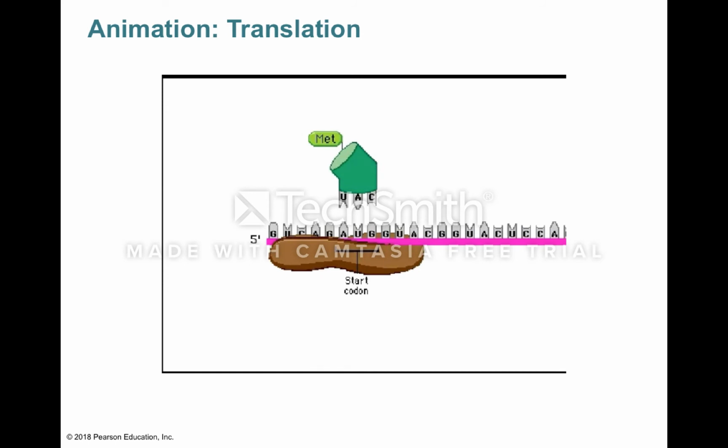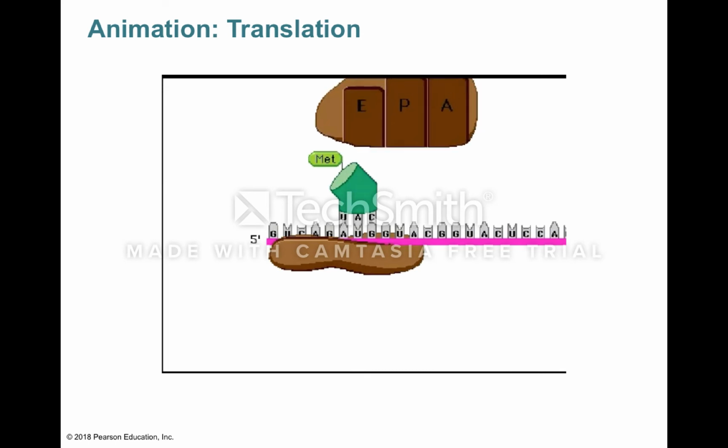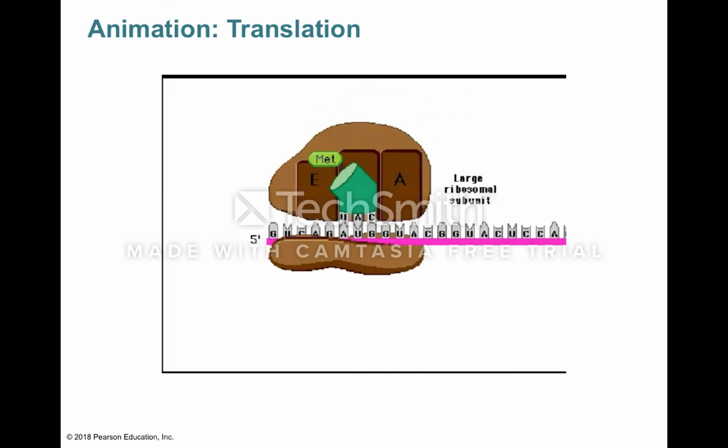The initiator tRNA always bears the amino acid methionine. Proteins called initiation factors help bring the mRNA, the initiator tRNA, and the small ribosomal subunit together with the large ribosomal subunit to form an initiation complex. The initiator tRNA sits on the P site on the ribosome.